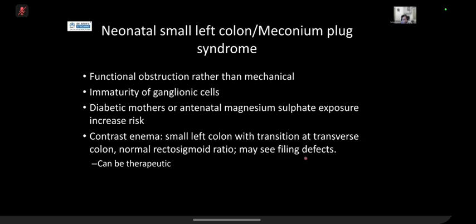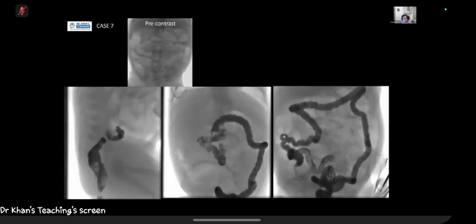And as candidate 2 mentioned, a contrast enema can be quite therapeutic to help with passage of meconium, because it's a water-soluble contrast with osmotic effects. So it usually resolves with time. It's transient, and so contrast enema would help, and also rectal stimulation. Okay, next case.